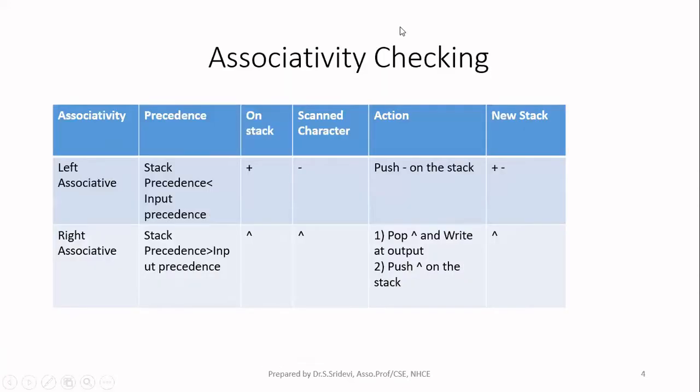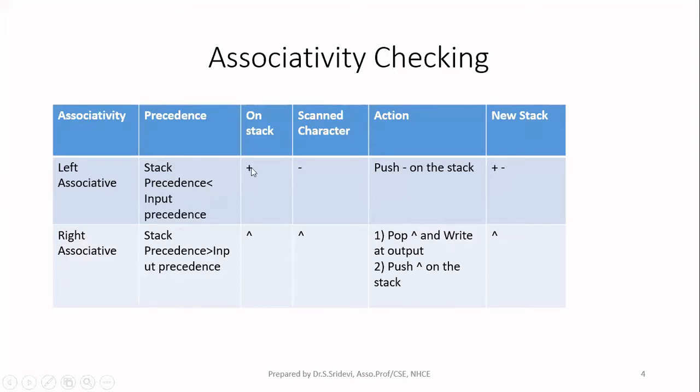First, in case of associativity, you have to remember the table here. In case of left associative, it is just opposite of infix to postfix. In case of left associative, in infix to postfix, I told that the stack is having higher precedence than the input precedence. Whereas in case of prefix, if your operator is having left associative, your stack is having lower precedence than the input precedence.